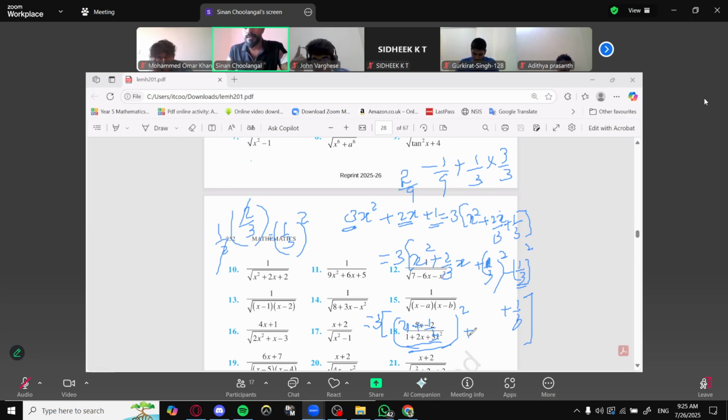So you can write 2 by 9 as root 2 by 3 the whole square. Many things I did according to previous knowledge. 1 by 3 squared written as 1 by 9, and the existing 1 by 3 I wrote here, and then LCM taken, 3 minus 1 will be 2 by 9. Positive 2 by 9, and I made it in a perfect form, root 2 by 3 the whole square.